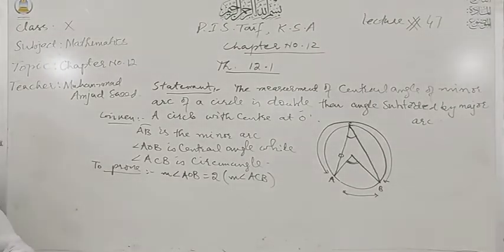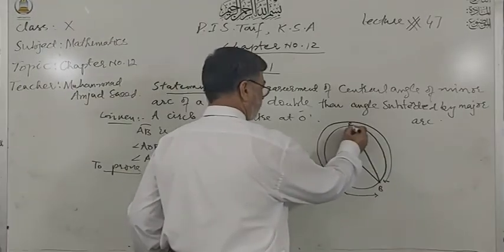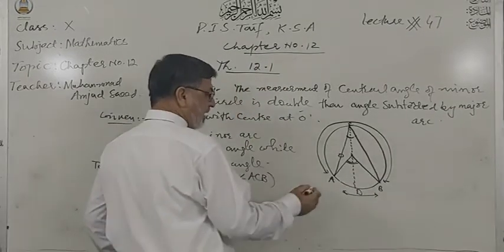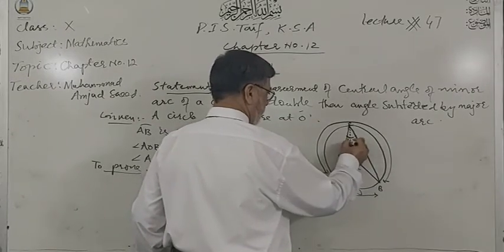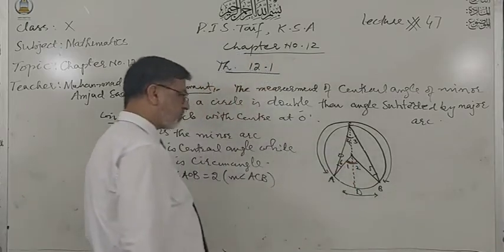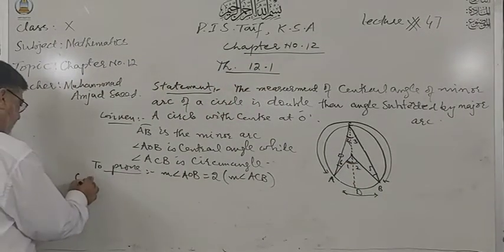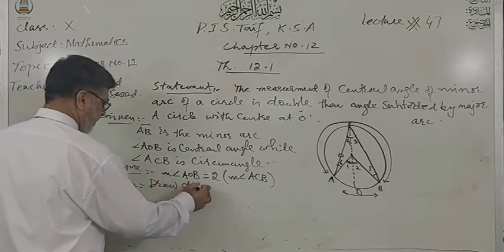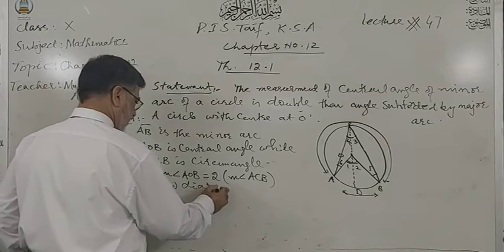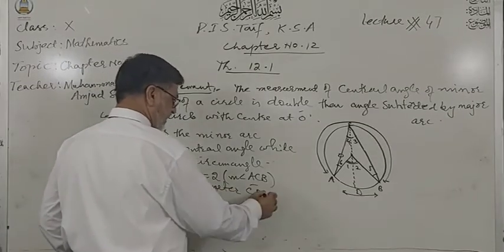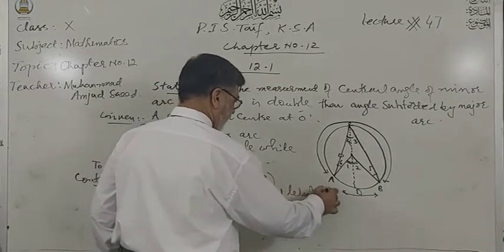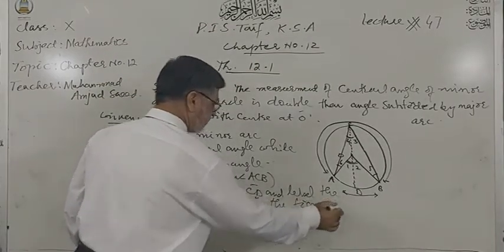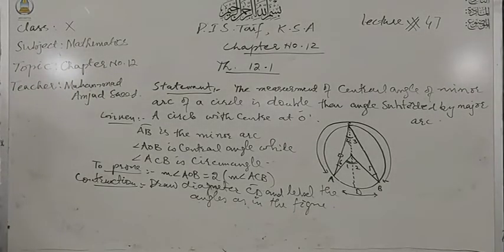Now we have the construction. Draw diameter CD and label the angles 1, 2, 3, 4, 5 and 6 as in the figure.